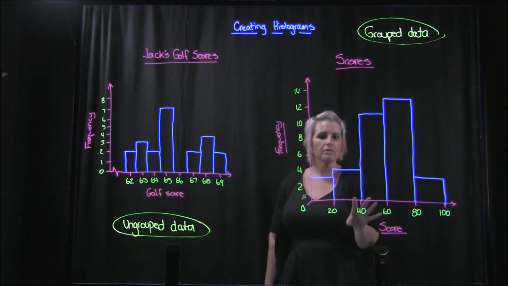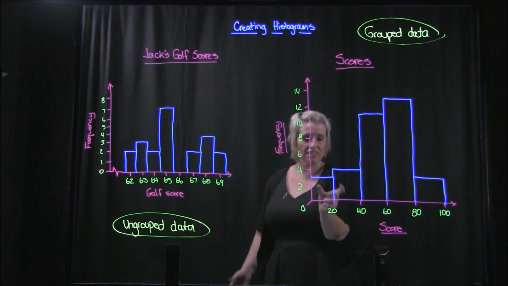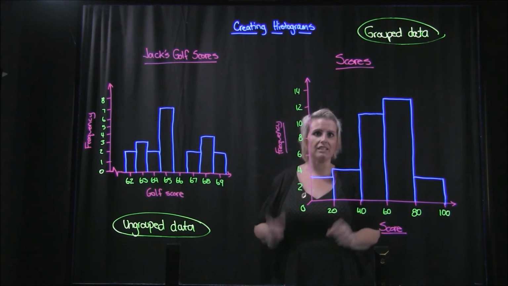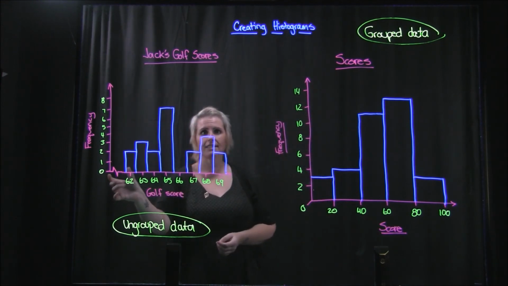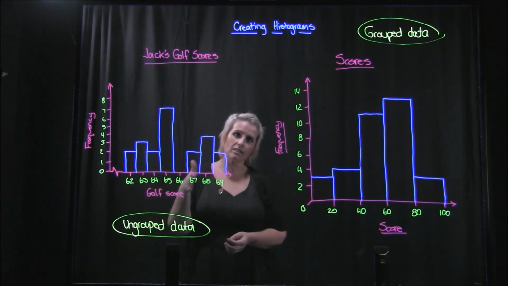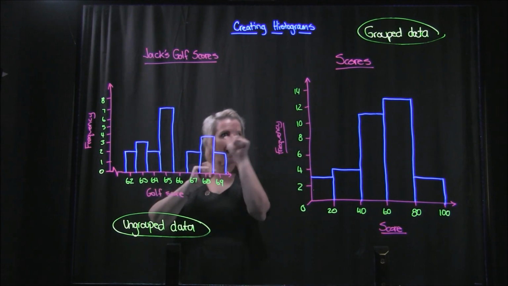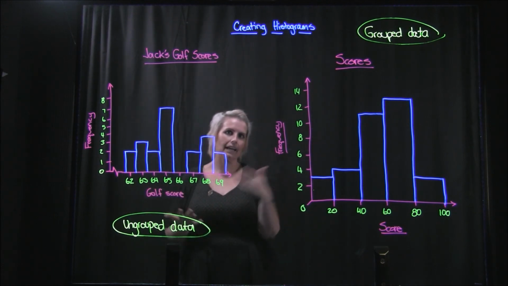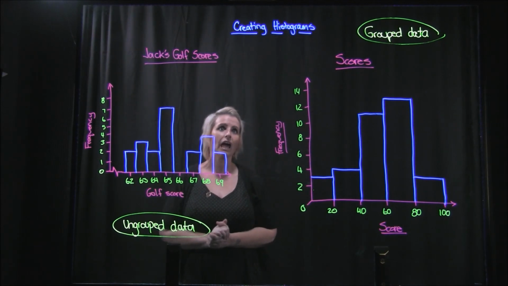When it is grouped data, we make sure that the column goes from one side of the interval to the other. And last of all, if your data set starts further in than 0, because it starts at 62 and then goes up, draw your little heartbeat symbol to indicate that you're skipping over and starting your data set further on than 0.